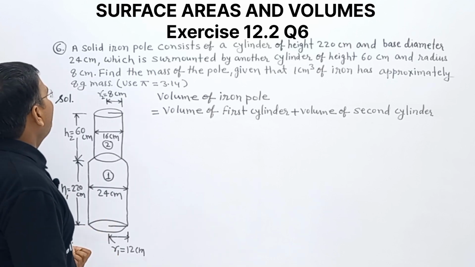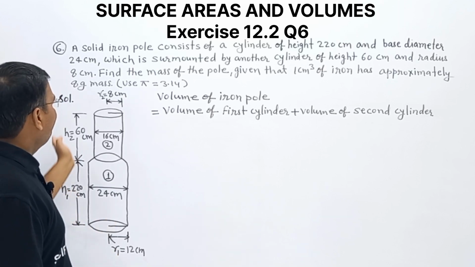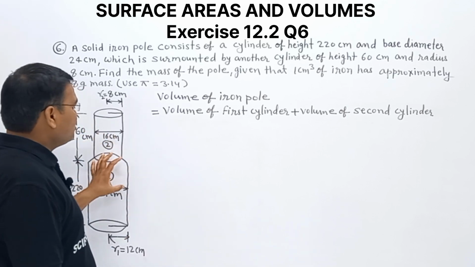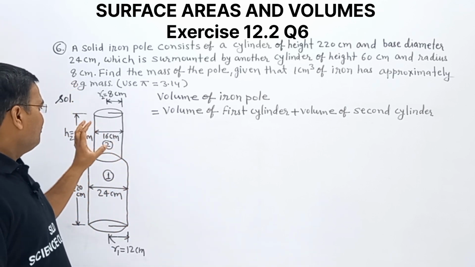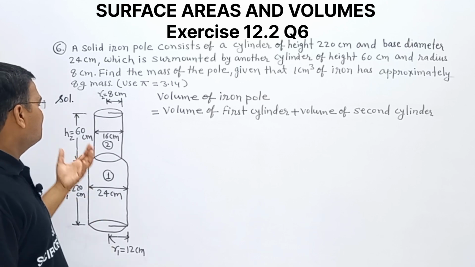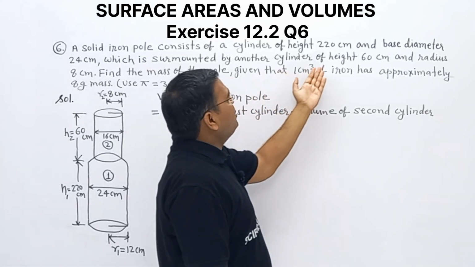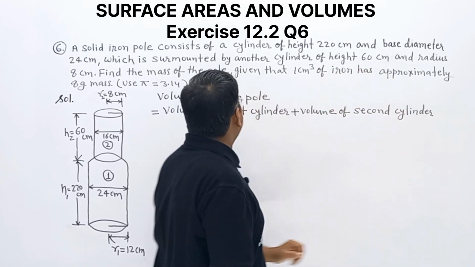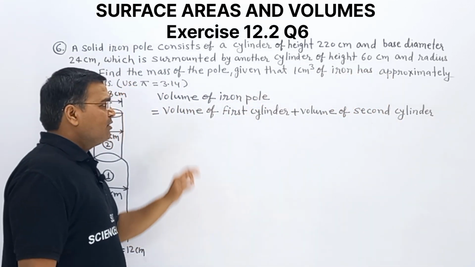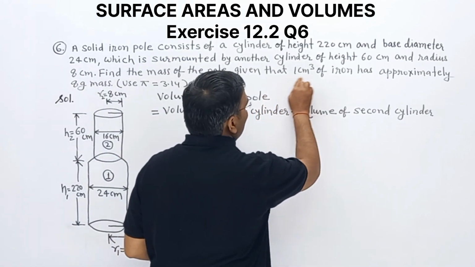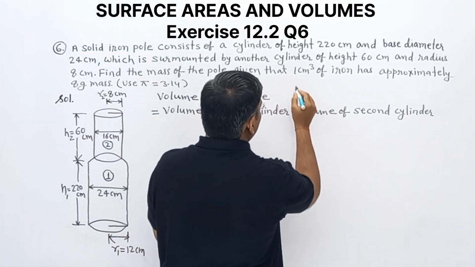Find the mass of the pole. We require the mass of this solid iron pole. Given that 1 centimeter cube of iron has approximately 8 gram mass. One thing in the question, we are having 1 centimeter cube, this is very important.